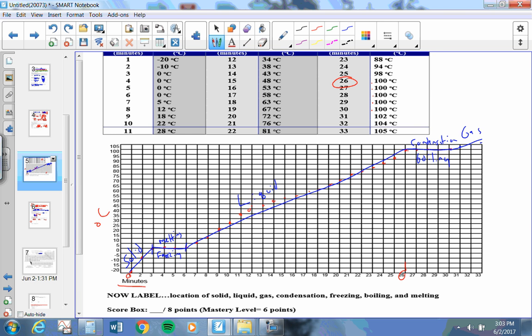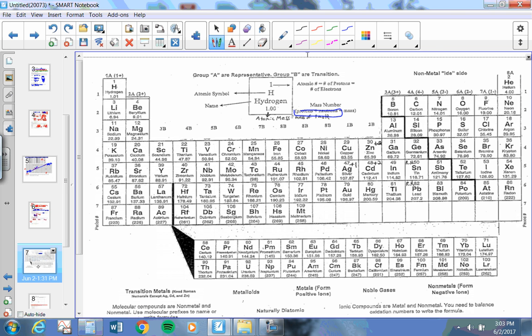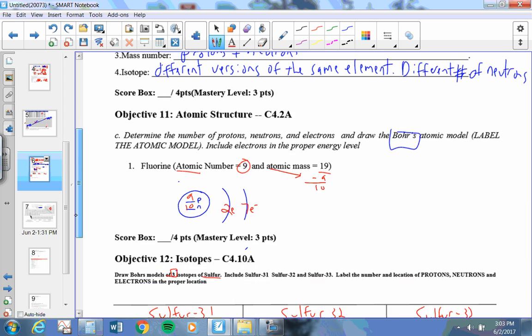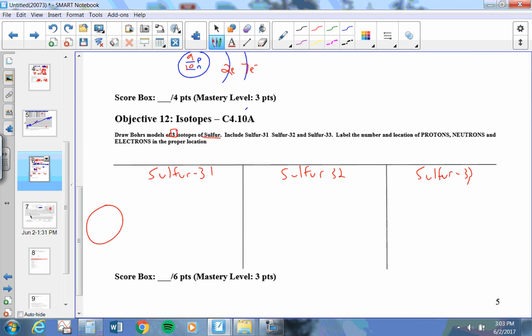According to the periodic table, sulfur has 16 protons. So every one of these is going to have 16 protons. Therefore, every one of them has 16 electrons.